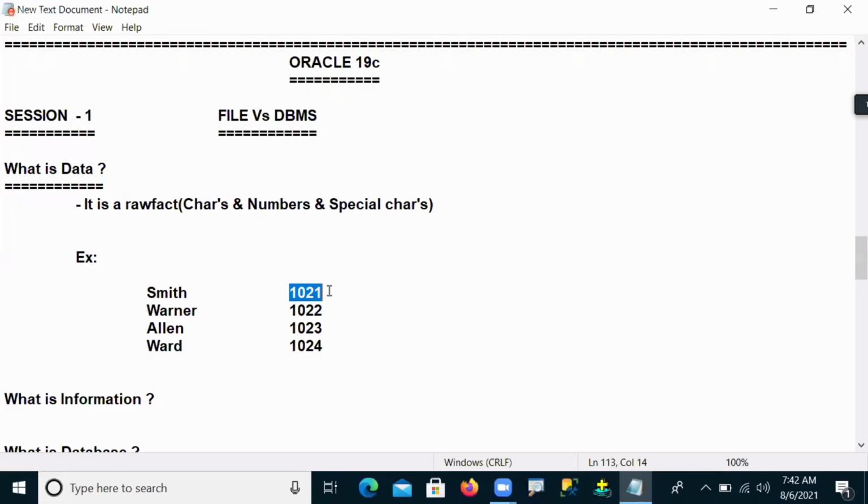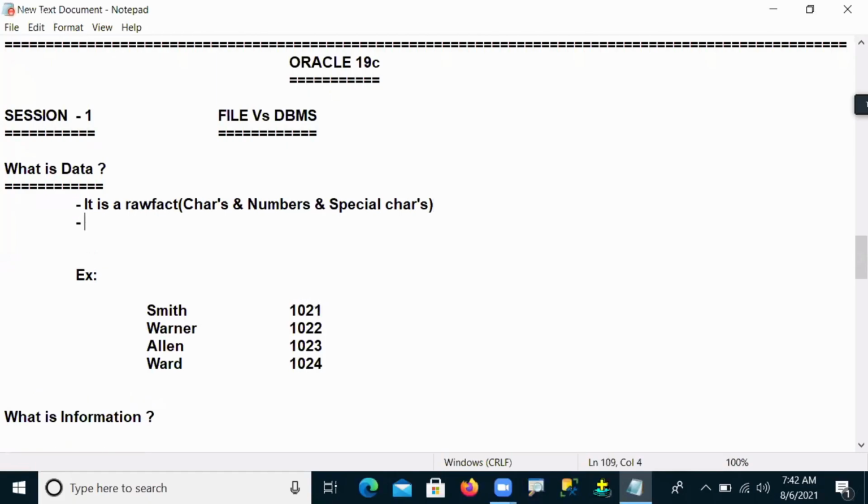This number could be an ID number, a customer ID, a student ID, or an employee ID. We don't know. That's why people say data is nothing but a raw fact, which never gives meaningful statements.